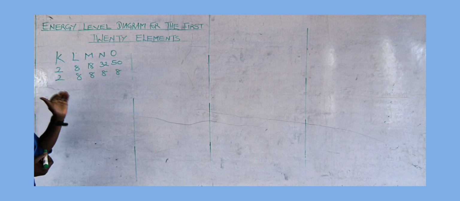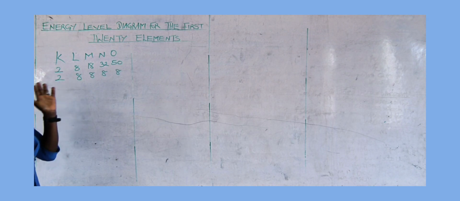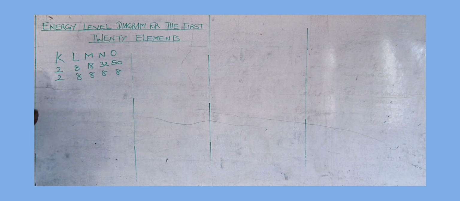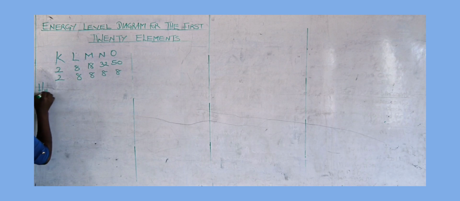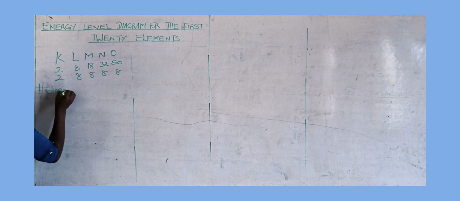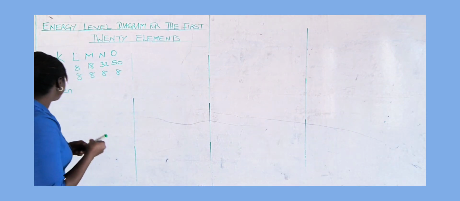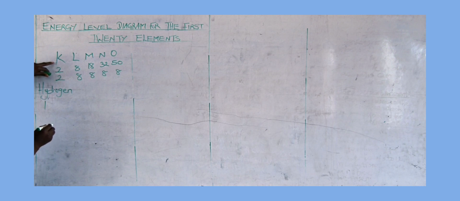So you want to be drawing all these circles, the shells, the energy levels for our first 20 elements. Let's proceed. So the first one is hydrogen. Hydrogen has an atomic number of 1, that is 1 electron. So to draw the shell for hydrogen, it's going to have only K because it's just 1. Remember, K can contain 2.